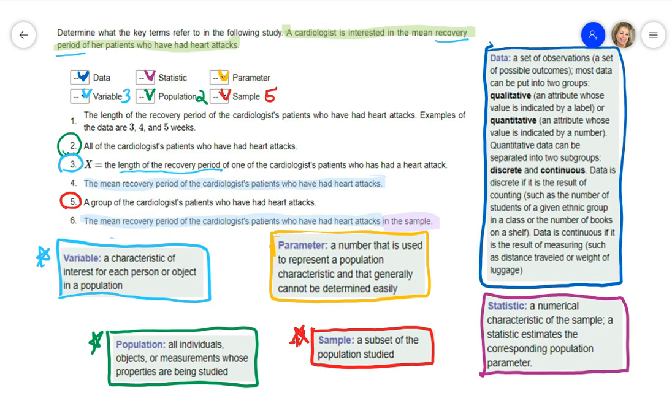They're almost identical, except number 6 has in the sample. And if you look over here at statistic right here, it's a numerical characteristic of the sample. So number 6 is actually our statistic, and number 4 would be our parameter.